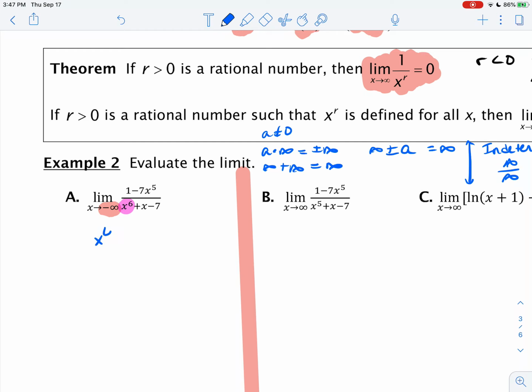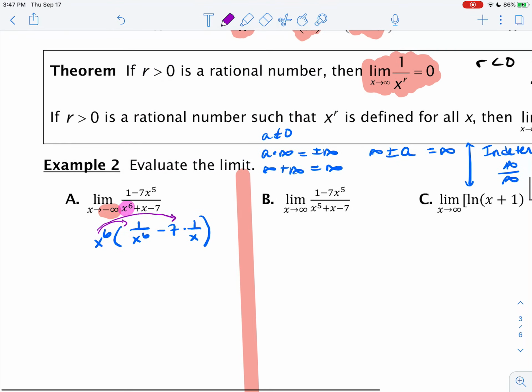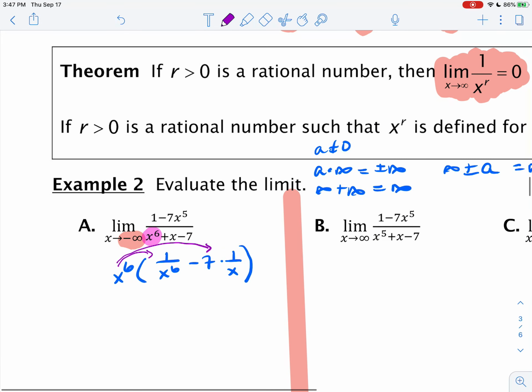So if I factor out x to the 6th from the numerator, I'm going to get x to the 6th times 1 over x to the 6th minus 7 times 1 over x, right? Because if I were to multiply through, I would actually get back what I started with. Or just remind ourselves, how would we simplify 3x plus 6?